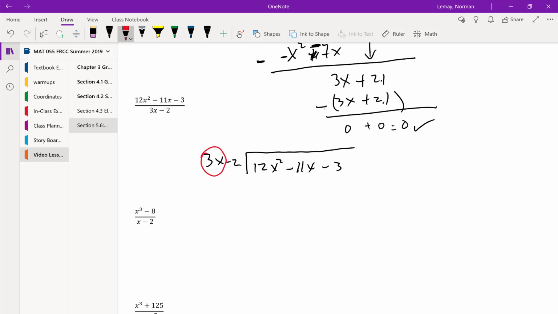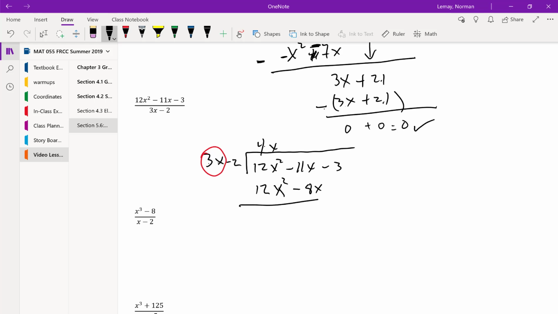So to get the 12, we have to multiply by a 4. And then to get the x squared, we have to multiply by x. So notice we take 4 times 3, so I get my 12, x times x, and I get my x squared. And then I have to take this 4x, don't forget to multiply it by this. So 4x times negative 2, so we get minus 8x.